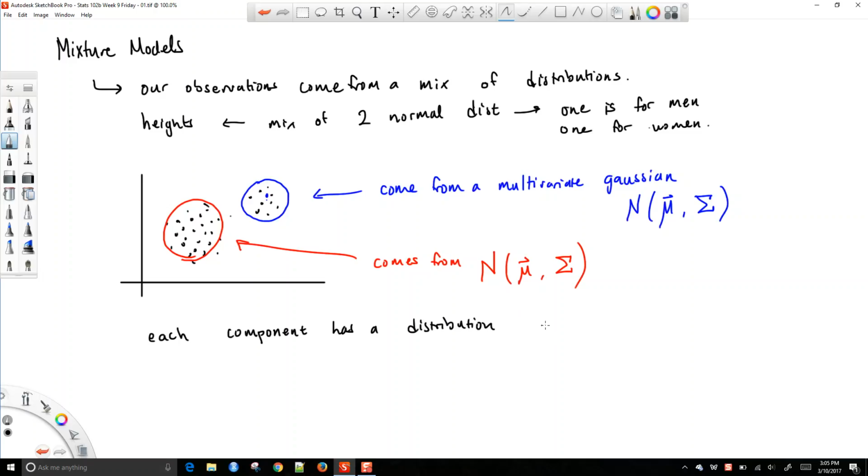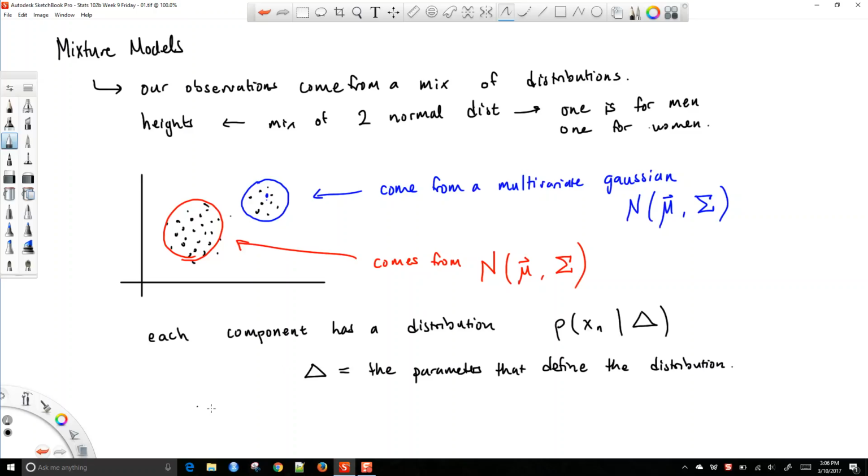We can generalize this and say the distribution is the probability of x sub n given some set of parameters, delta. So each component has a distribution, p of x sub n given delta, where delta is just the parameters that define the distribution.